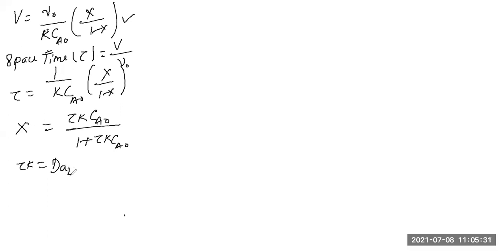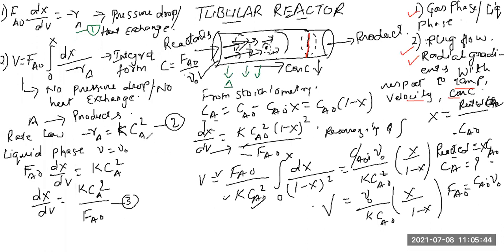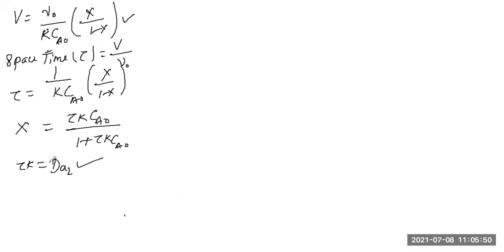I'll use 2 here because this is the Damköhler number for a second order reaction. If you remember, the rate law that we used in the beginning was rate of A equals K Ca square, which is a second order reaction. So the Damköhler number for a second order reaction is this, tau K Ca0.